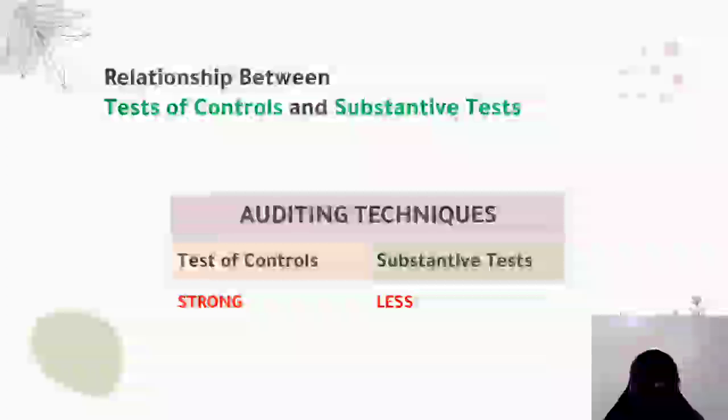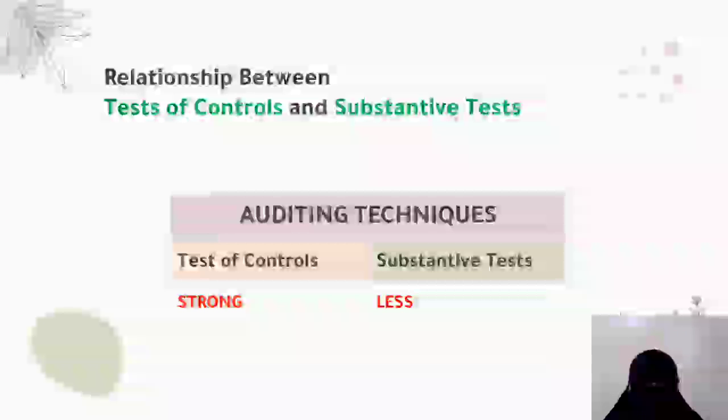In other words, when controls are in place and effective, the auditor may limit substantive testing. In contrast, the weaker the internal control structure, the greater the control risk and the more substantive testing the auditor must perform to reduce total audit risk. Now, evidence of weak controls forces the auditor to extend substantive testing to search for misstatements.